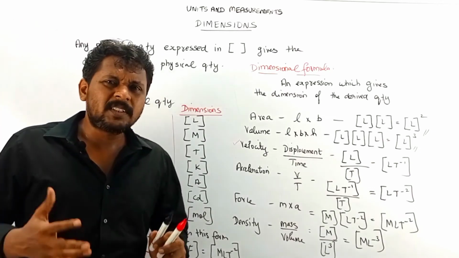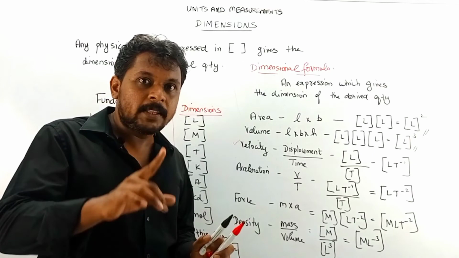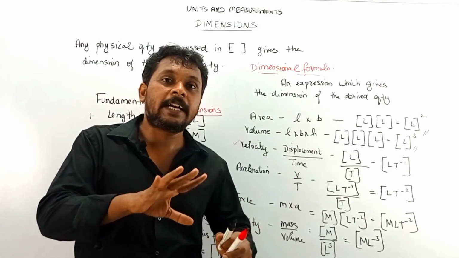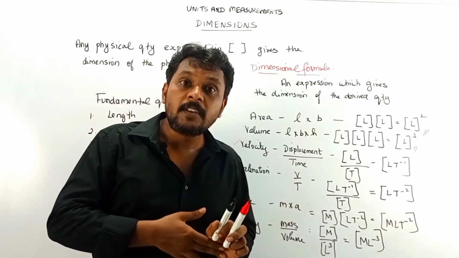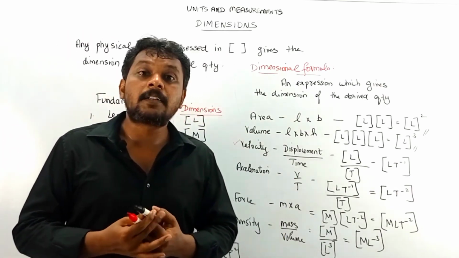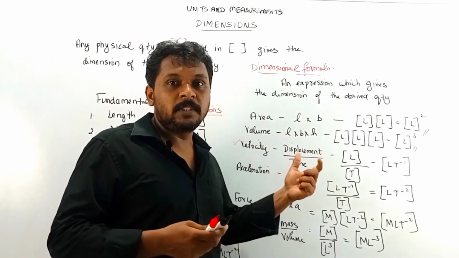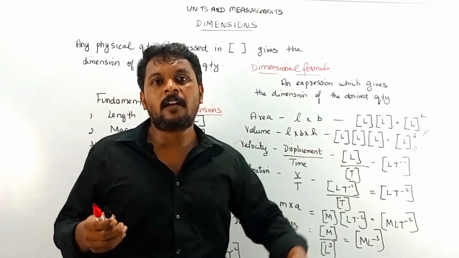Now what is the use of dimensions? They are used to verify whether a given formula is right or wrong. We have F is equal to ma, and the formula V is equal to U plus AT. Whether these formulas are right or wrong is verified by the use of dimensions. By applying dimensions, we can see whether the formula is right or wrong.